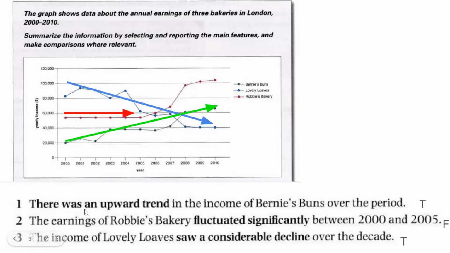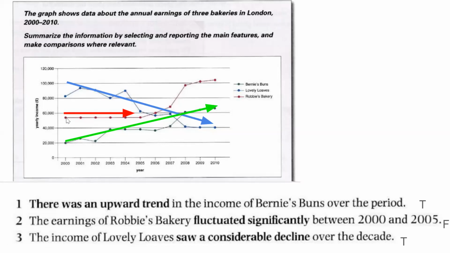And you may also write down some phrases such as upward trend. Upward trend, you can see for Bernie's Bonds, which is green. It goes up. Therefore, the trend, the change is up, going up. Fluctuated significantly.